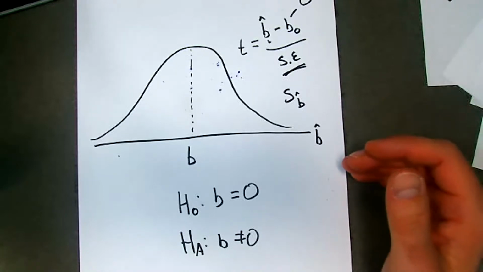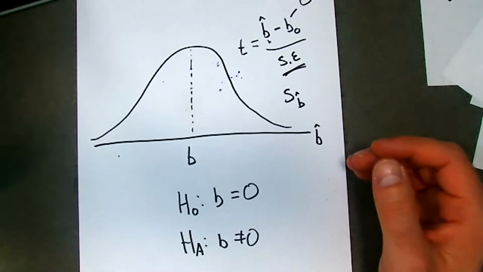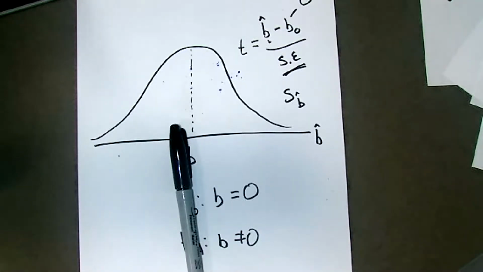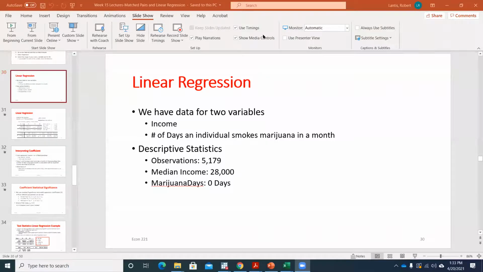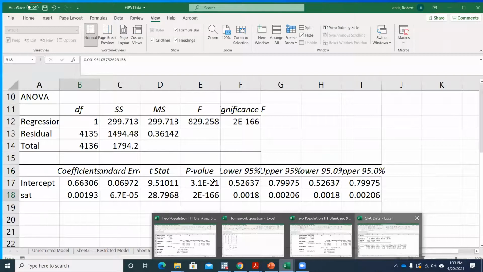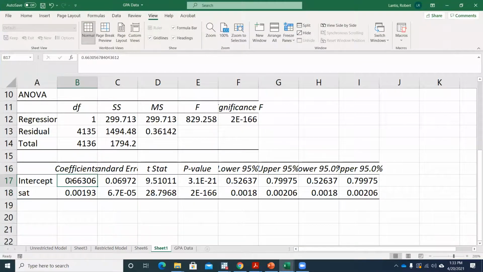Okay. Now, like I said, we're not going to have to worry too much about finding test statistics and calculating p-values. I probably will have you calculate test statistics. But finding the p-value is going to be a little bit easier, because if we look at this Excel output, that coefficient is the estimate for B. That's our slope estimate.